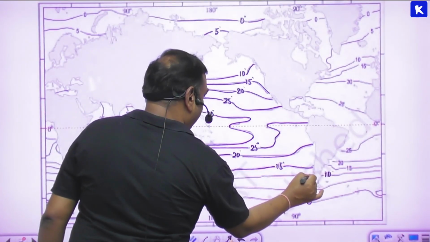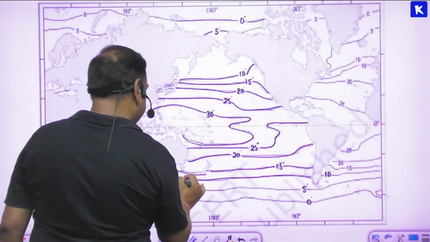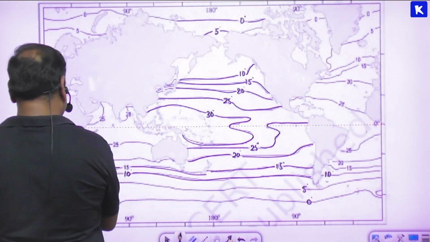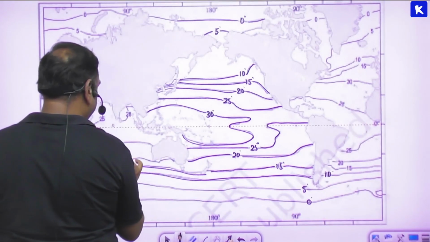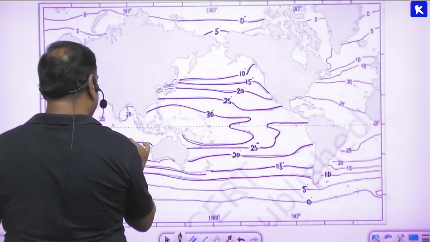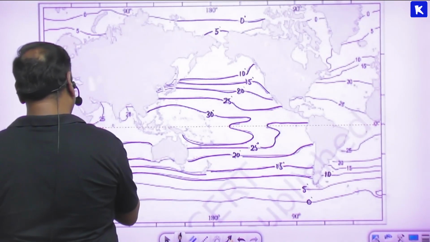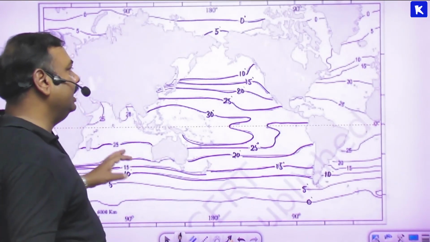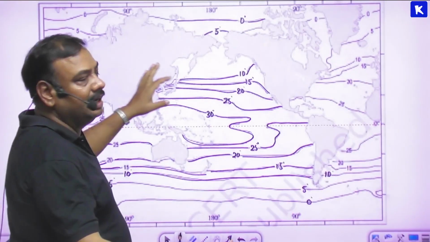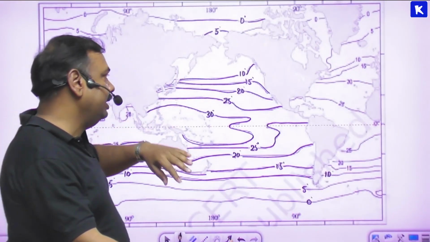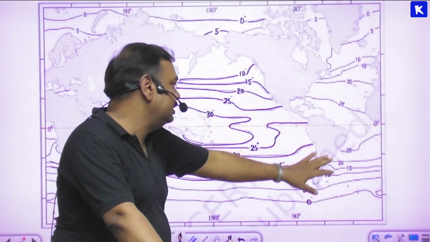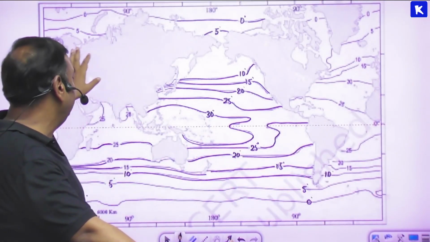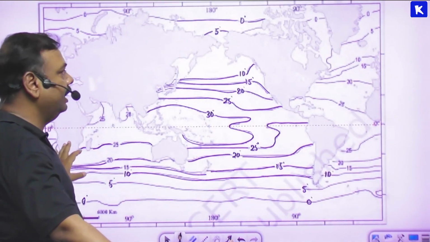Now, what important thing can you observe here? First of all, the zones which have been shown here in the middle is the region of Pacific Ocean, right? You can recognize the continental parts. It is North America, South America, Australia with New Zealand, Asia and Europe, and Africa.